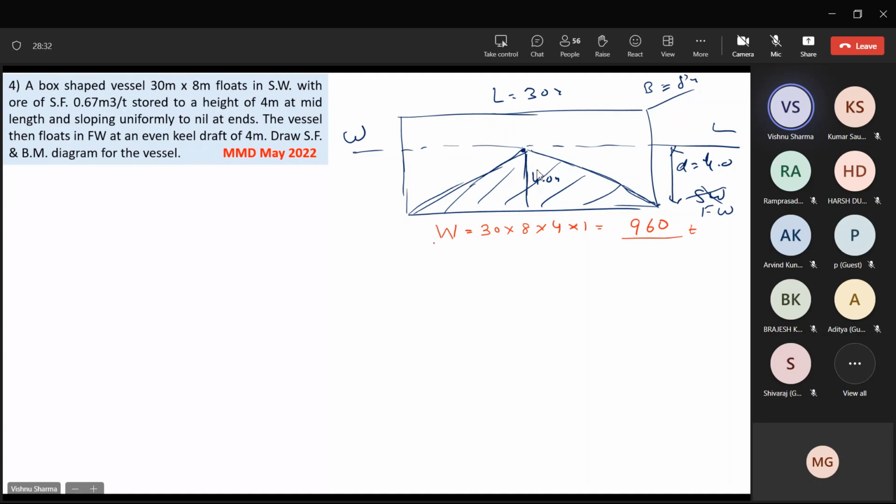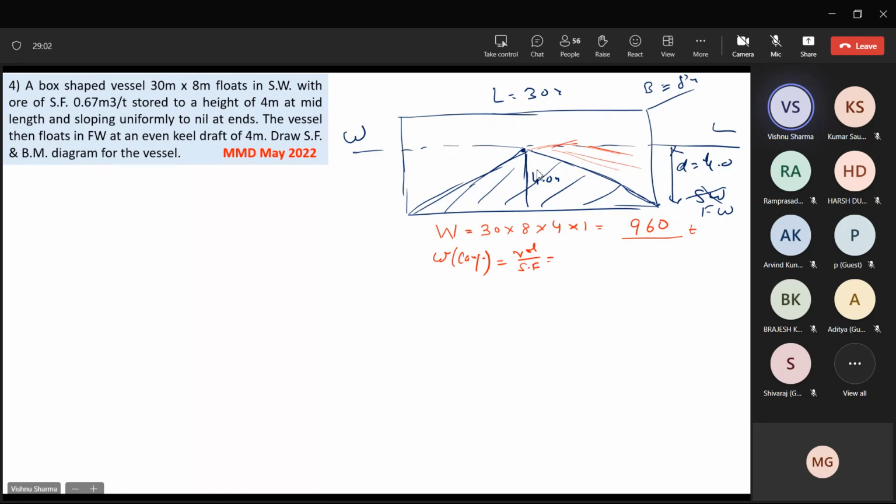Then we have to find the weight of the cargo. Weight of the cargo will be volume of the cargo upon stowage factor. Volume of this cargo is what you're seeing from the side. This cargo is like this to the breadth, right? So it is like this up the full breadth. So if we take the area of this triangle and multiply by the breadth, I'm sure you'll agree, it will become the volume of the cargo.